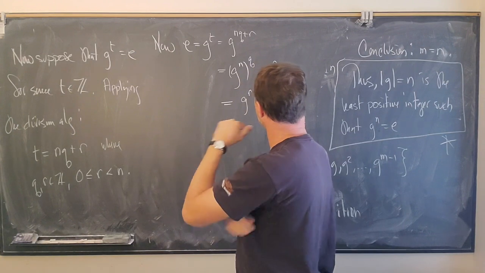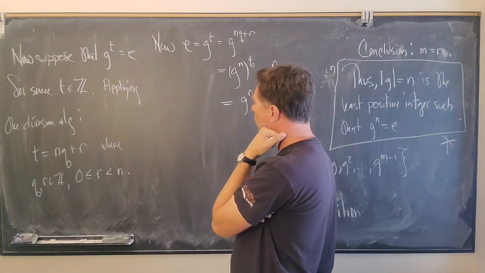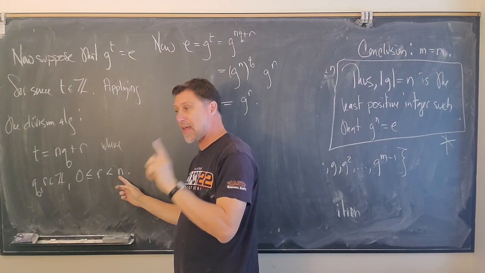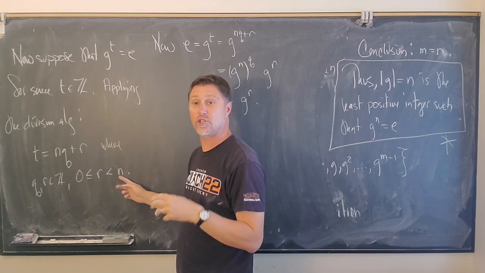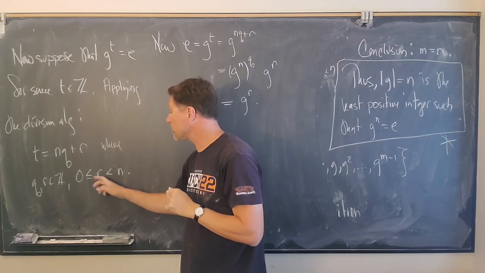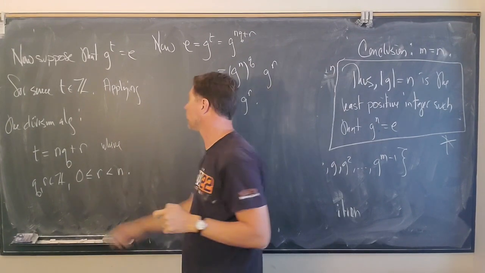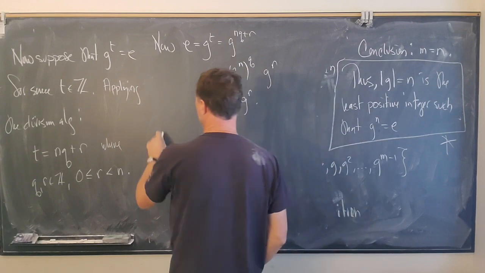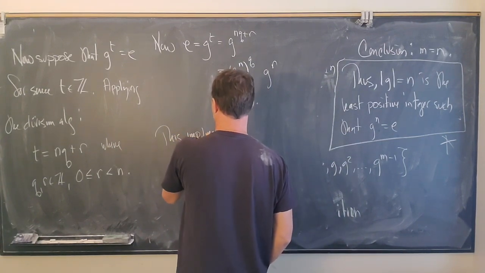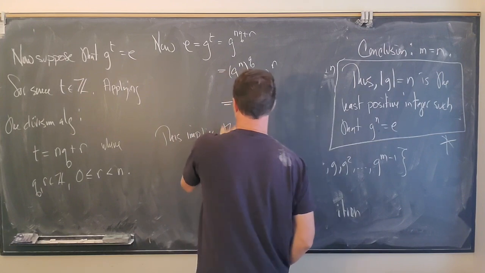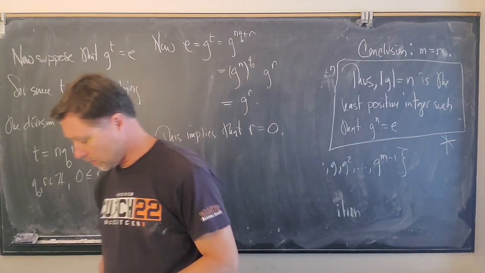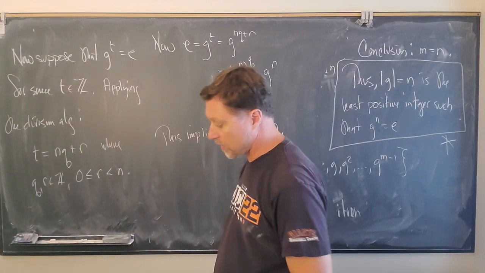So what does that force us to conclude about r? Well, since r is strictly less than n, and n is the smallest positive integer that gives us g raised to that power equals to the identity, that forces us to conclude that r has to be 0. This implies that r equals 0. Okay, so what does that tell us then?